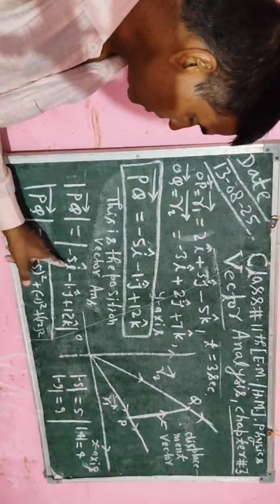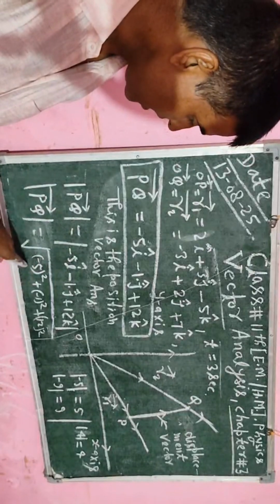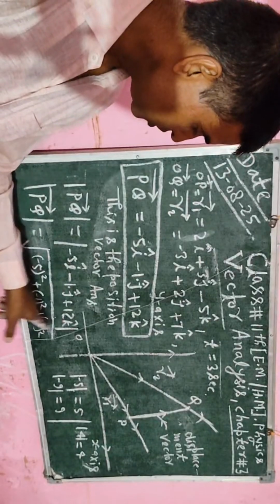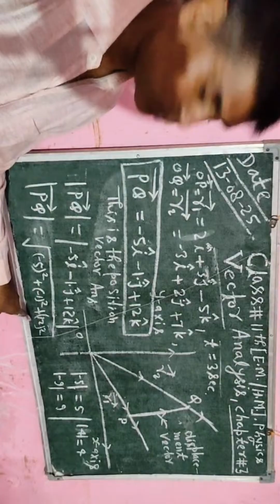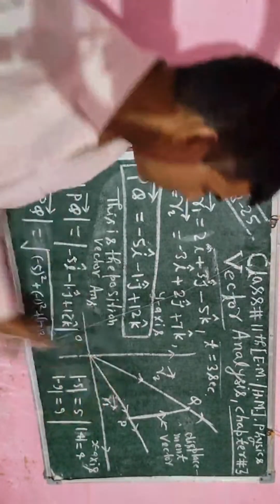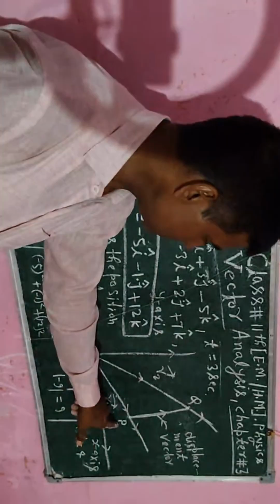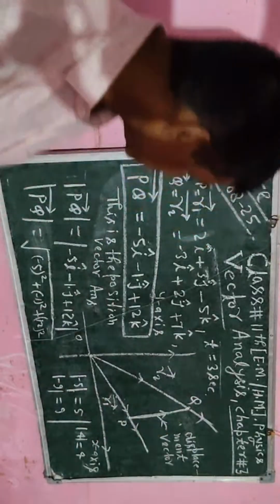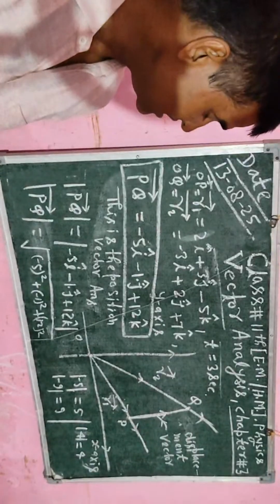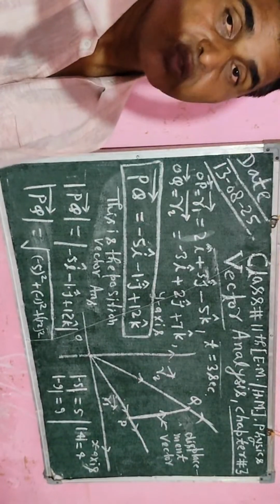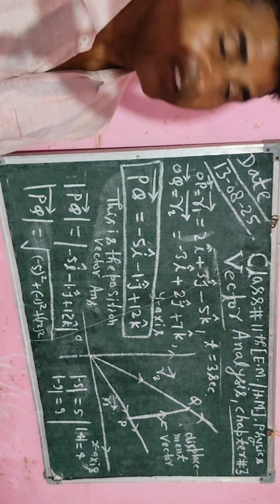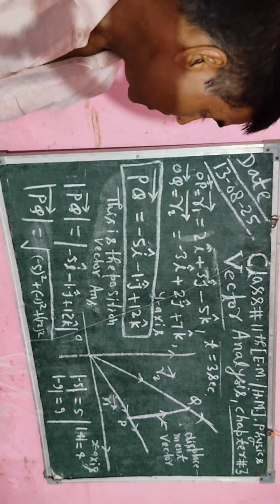Here I will put the coefficient of vector i square plus the coefficient of vector j square plus the coefficient of vector k square, and I will calculate its value, and that value will be the distance from point P to Q. Further, I am also going to translate this information into English, so that every student reading in Hindi on YouTube can also understand.